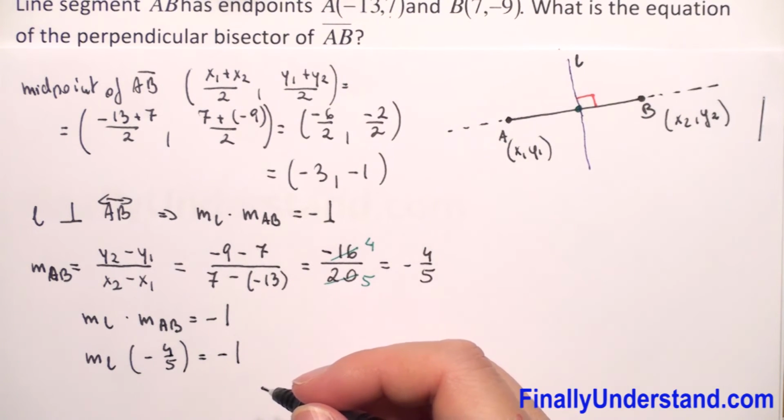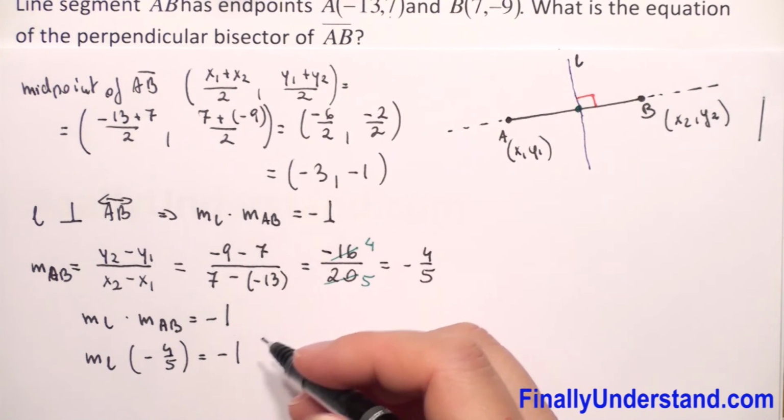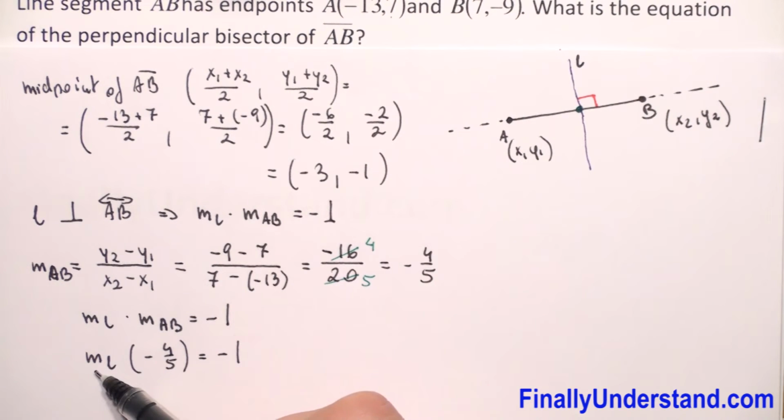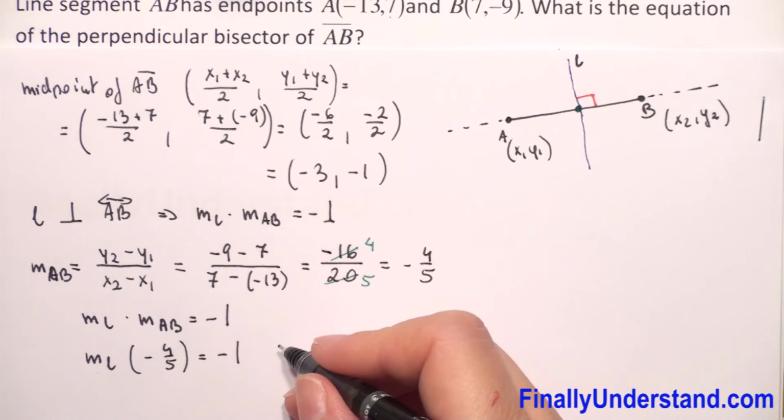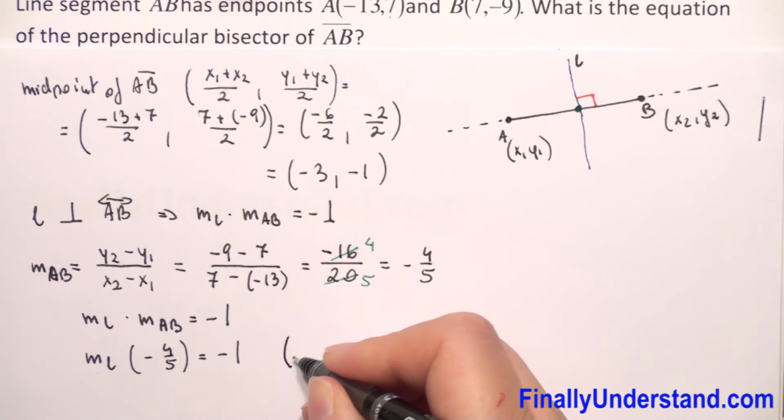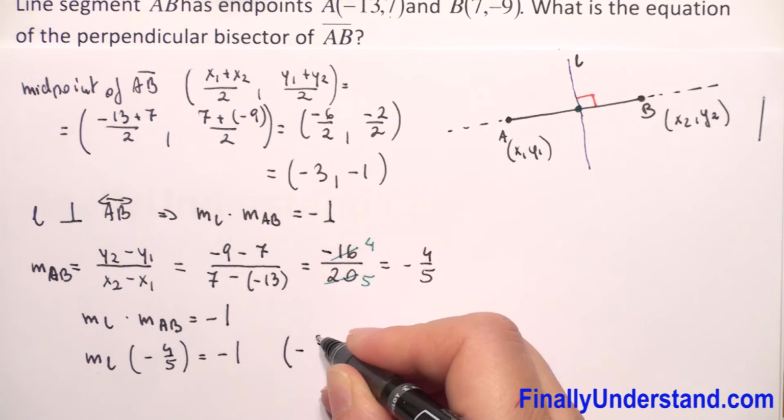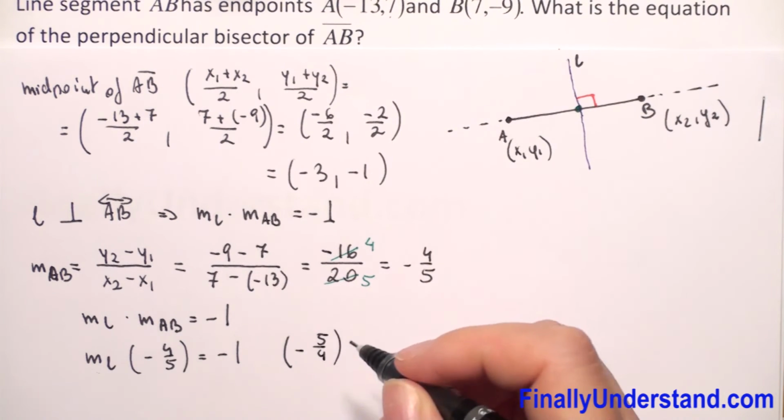Now we will multiply, because we need to have the slope of line L, so we will multiply both sides by negative 5 over 4.